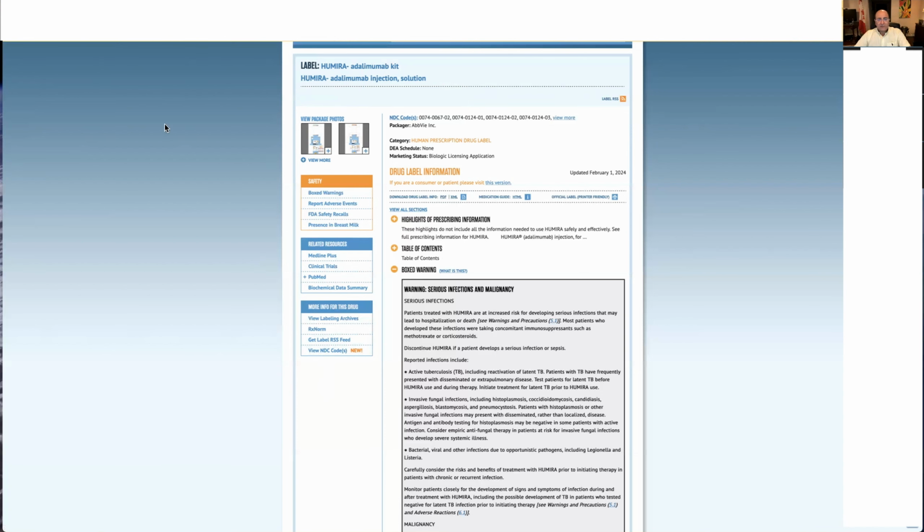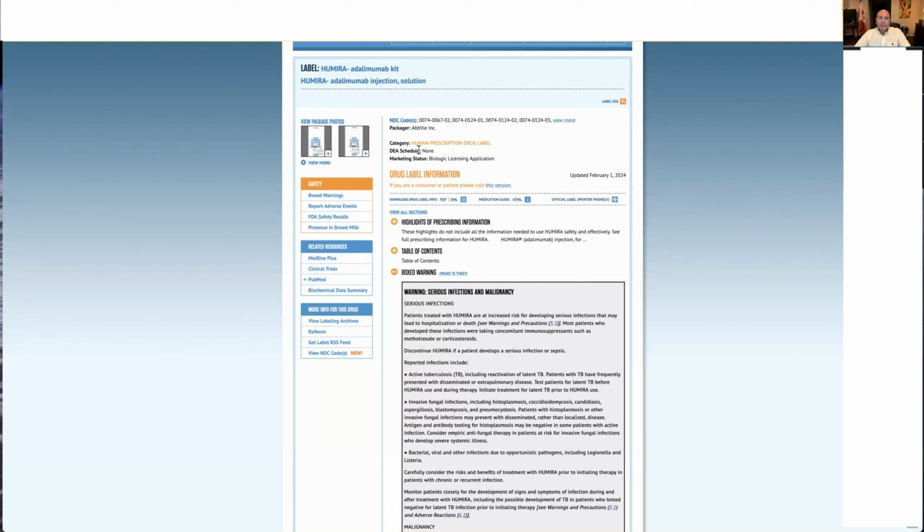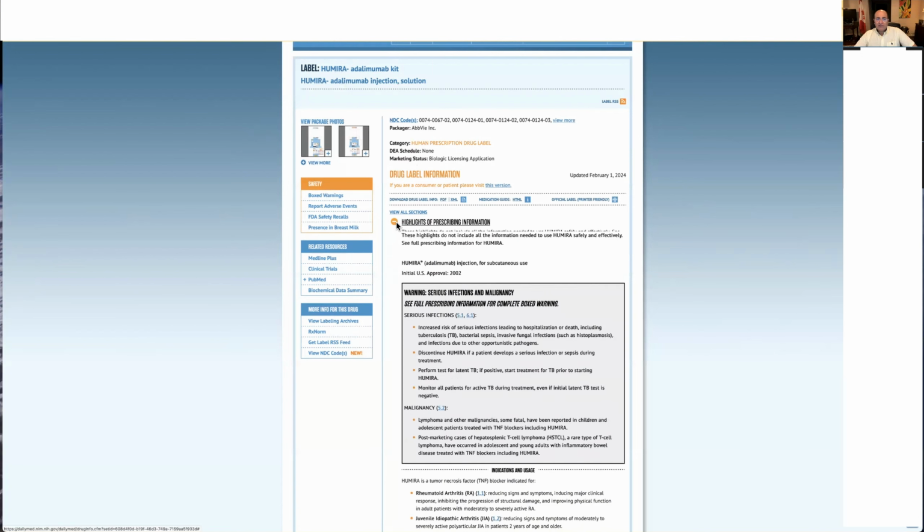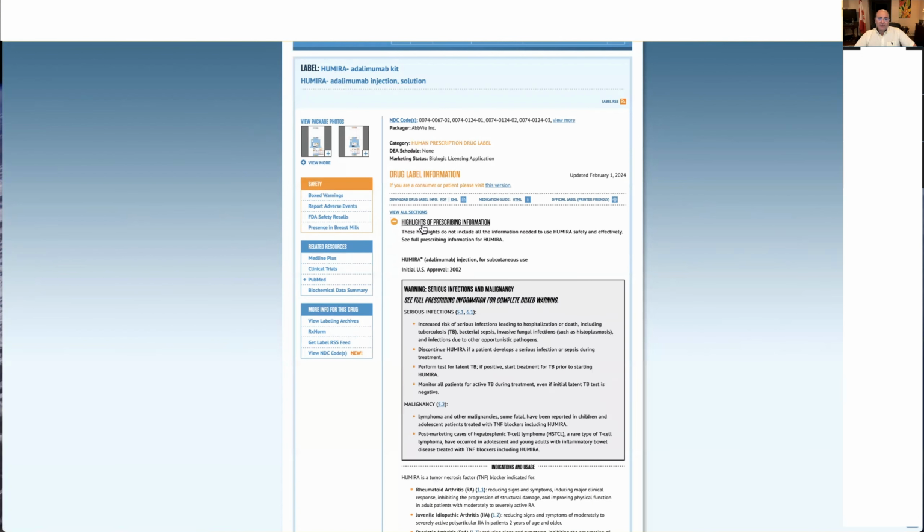So now let's go over the content. We can see the category, the schedule none, the marketing status is biologic licensing application. And then, continuing with this version of the information, we can see the highlights of the prescription information. When we open this section, we will see the boxed warning that I already stated when I talked about the left menu.